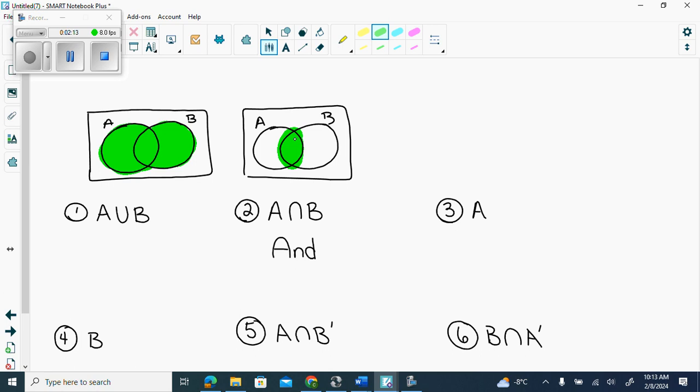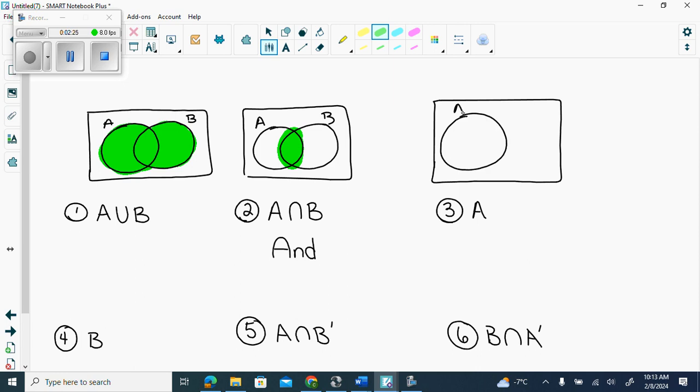But if I say A, that means, unless I say only, that means anywhere that exists an A on a Venn diagram. So I have A, I have B, and anywhere that an A exists, I'm shading. We agree? So most people will pick this part for sure.